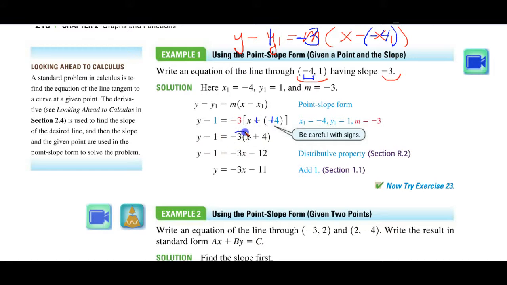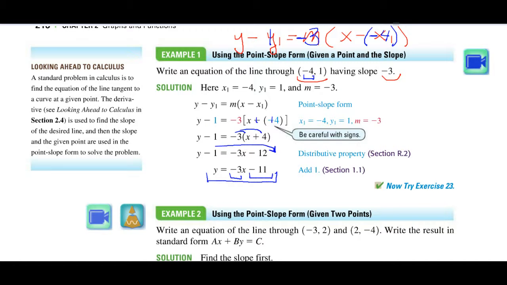We're going to clear parentheses. We're going to transpose this negative 1 to the other side, where it becomes a positive 1. And now we have it in slope-intercept form, where our slope is a negative 3, which is what we started with, and our y-intercept is a negative 11.